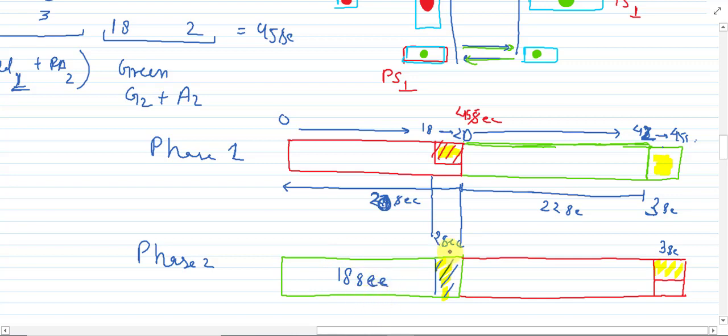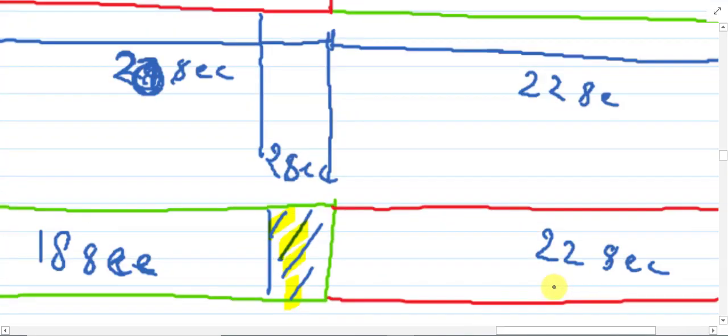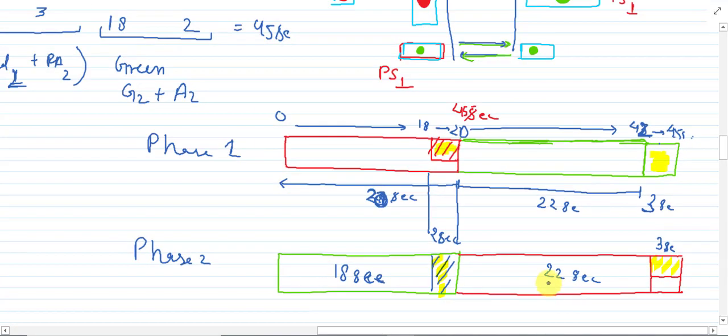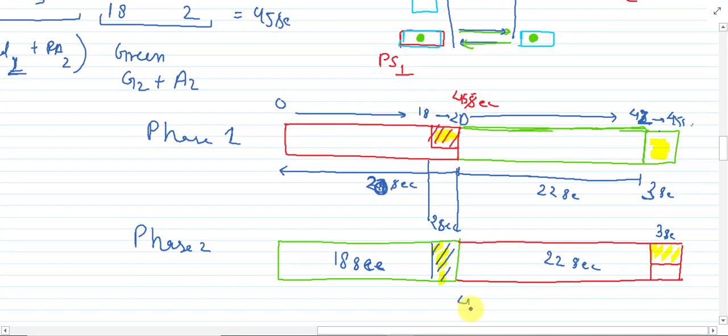Amber time is 2 second. Red time is 22 second. If we add these four values, 18 plus 2 plus 22 plus 3 second, we will get 45 second. So this is the correct representation of the phase diagram.